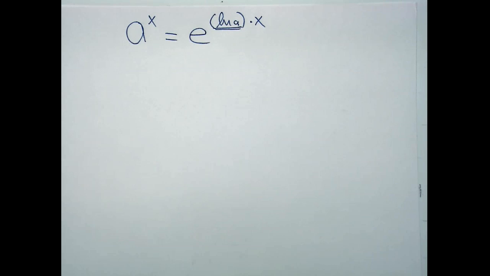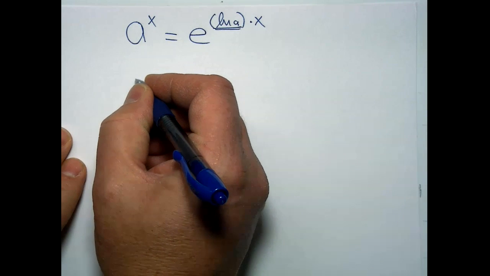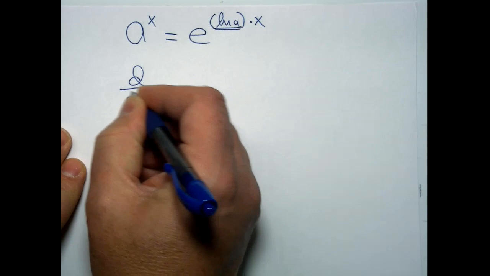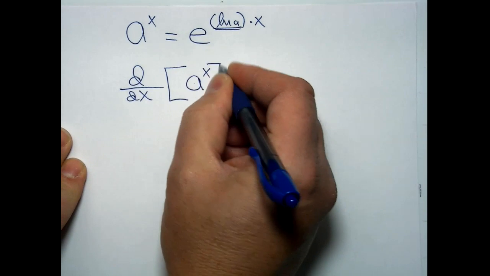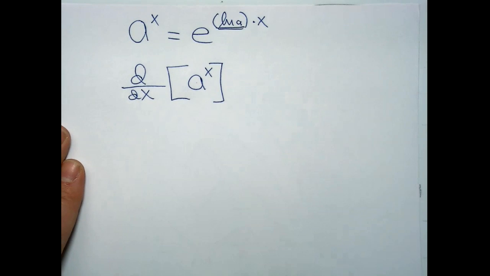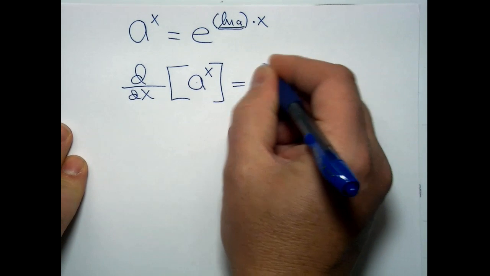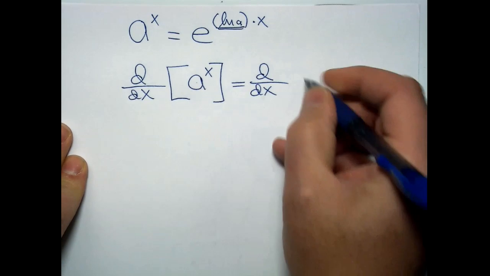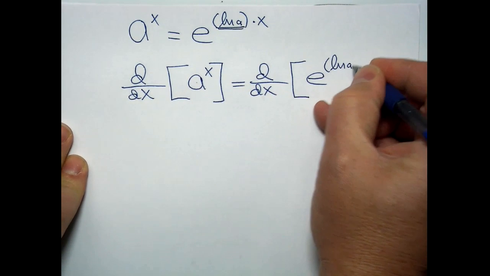Now let's talk about the derivative. So what if I asked for the derivative of a to the x? Now remember, a can be anything you want, 2 to the x, 3 to the x, 4 to the x. Well, apparently, that's the same as this derivative on this side over here, because these two are equivalent to one another.